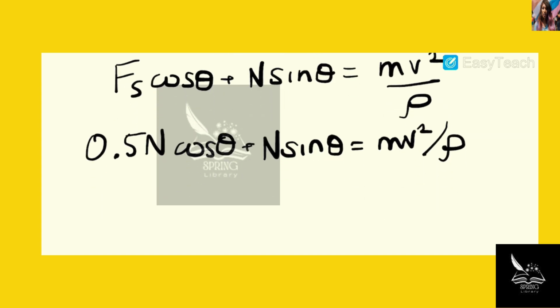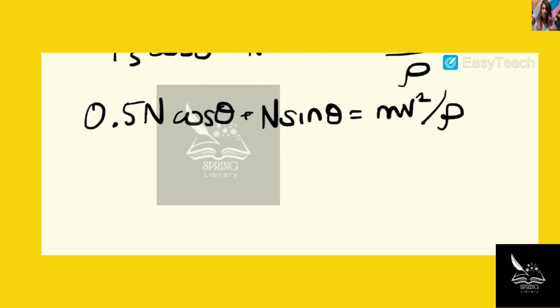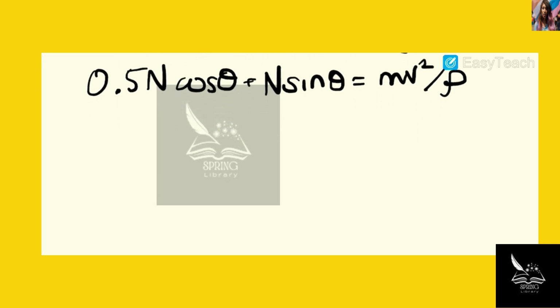Next, what we can also do is do Newton's second law in the z direction. So we can say that the net force in the z direction is equal to 0 because the man is not accelerating in the z direction.